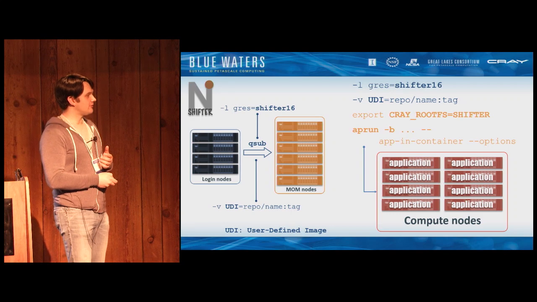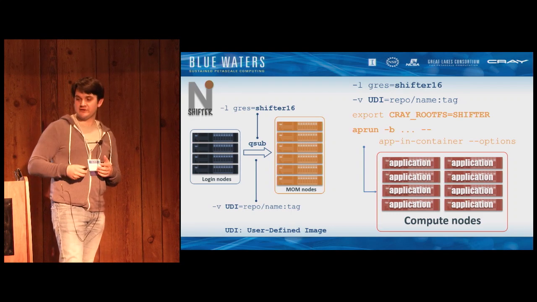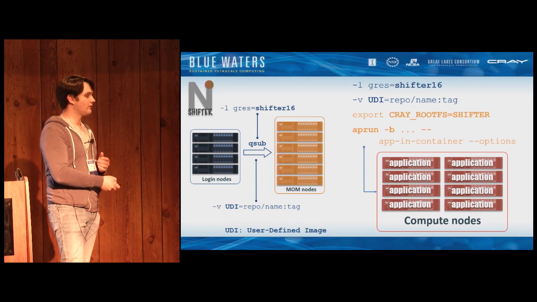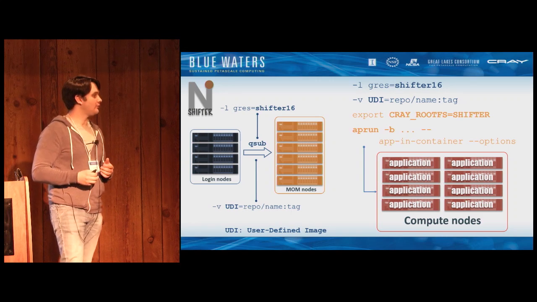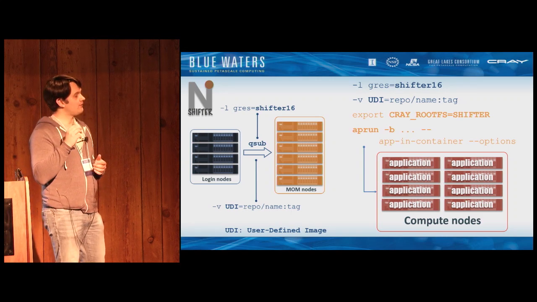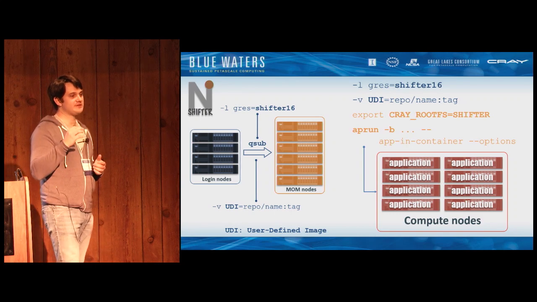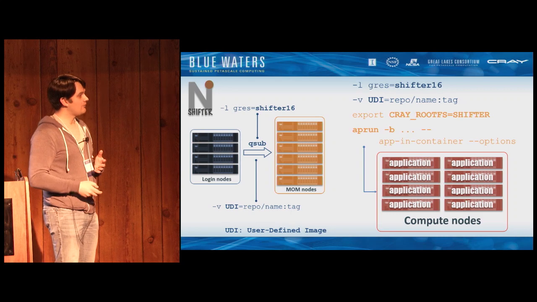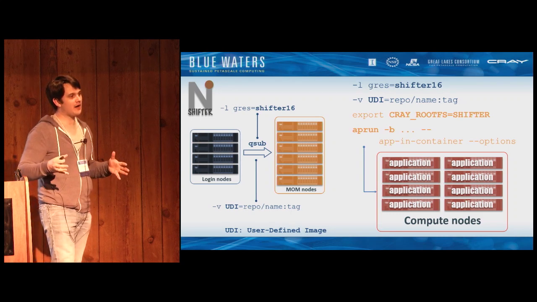When we use Shifter and we specify -v UDI on the command line or in a job batch script anywhere, Blue Waters executes a special prologue script in the beginning of a job, which actually moves our image.